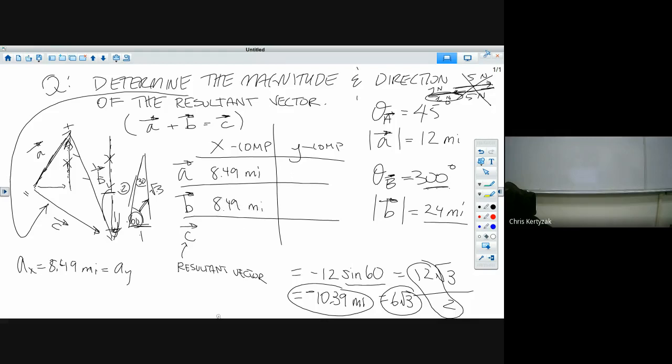Now when we move over to AY, that was the Y component of... I'm still making a mistake, so sorry. AX, AY, those were the same. Now when we move over to BX, what was BX?